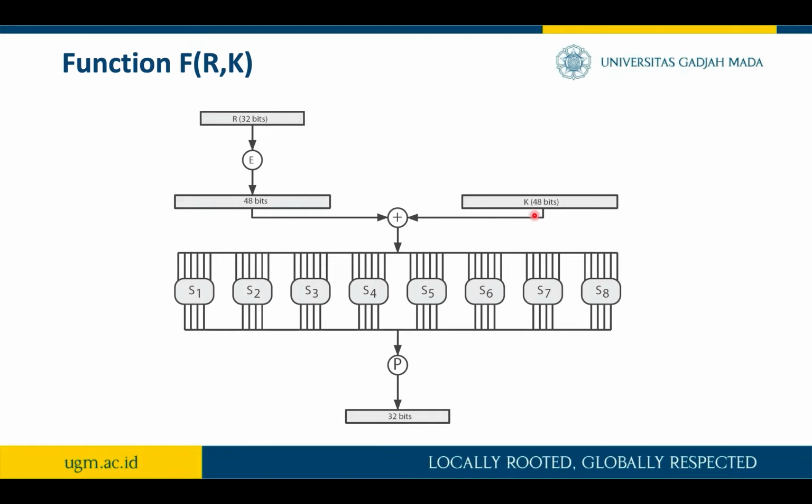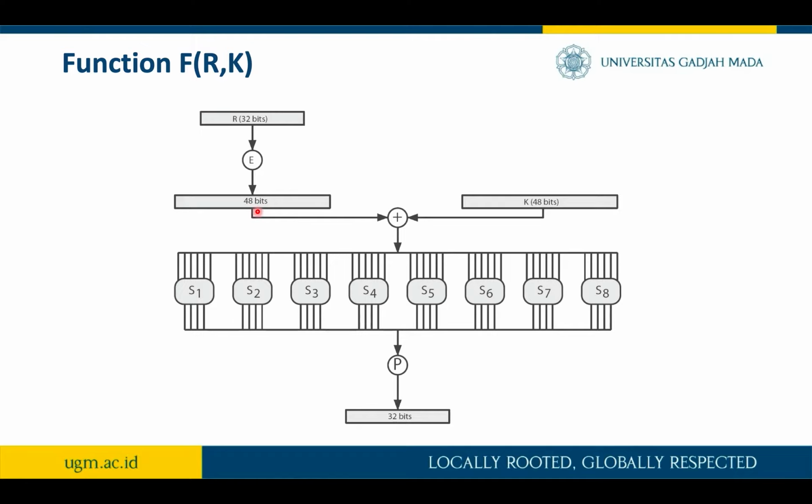The subkey consists of 48 bits. So what should we do? We need to expand the 32 bits into 48 bits. We use here an expansion table to do the expansion. So from 32 bits, using the expansion table, we will get 48 bits.